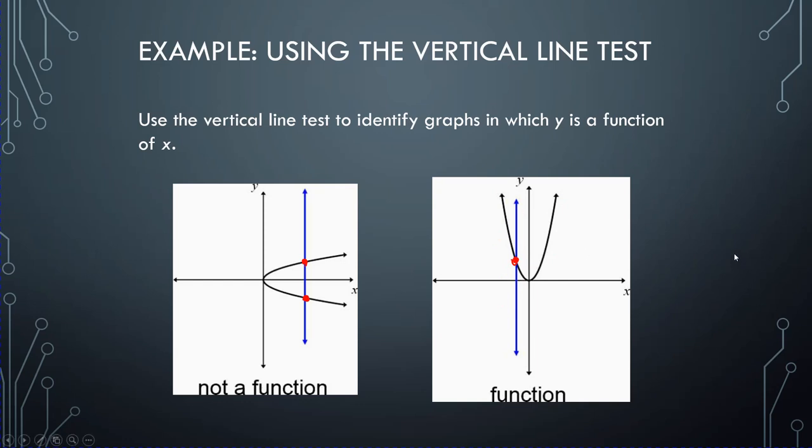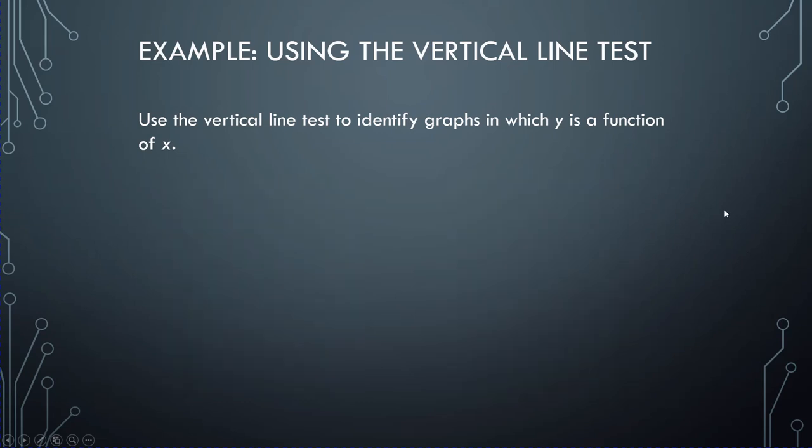Let me put some other ones up there just so you can see. So draw a vertical line through and see if it's a function. Imagine you have a graph that looks like this. Well, if you draw a vertical line like this, it fails the vertical line test, so it's not a function.